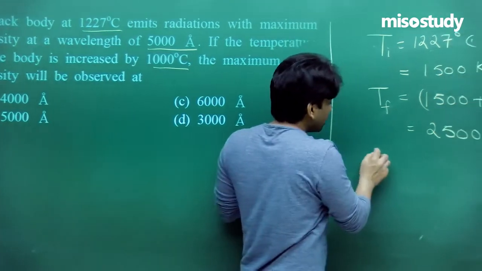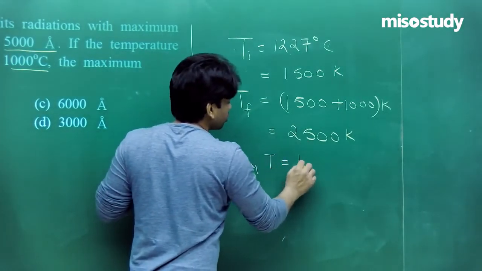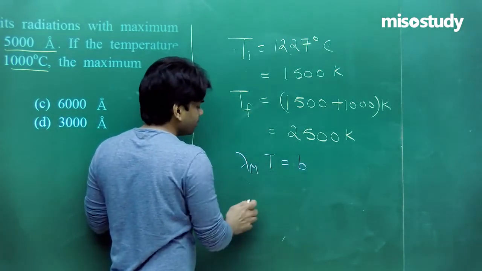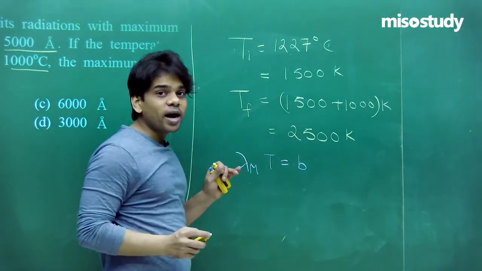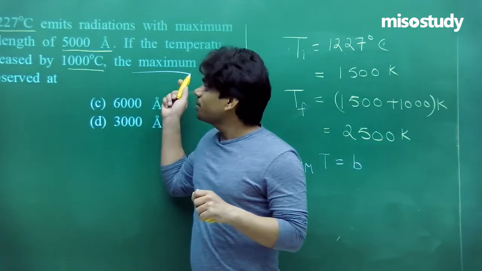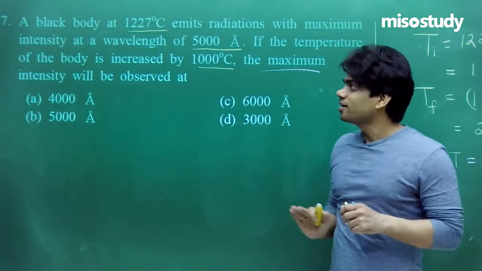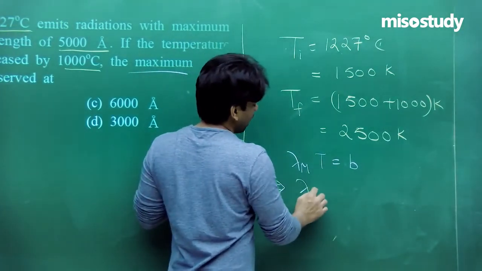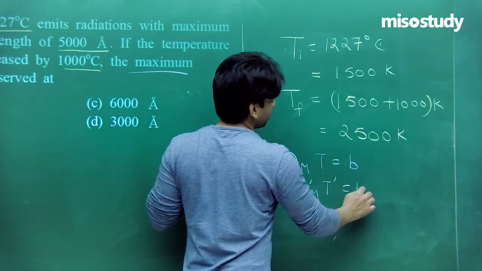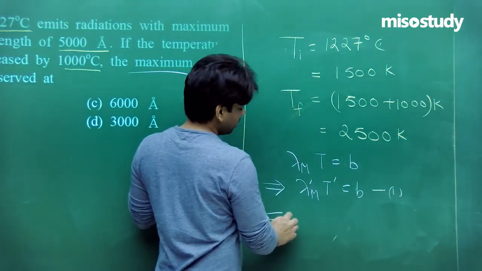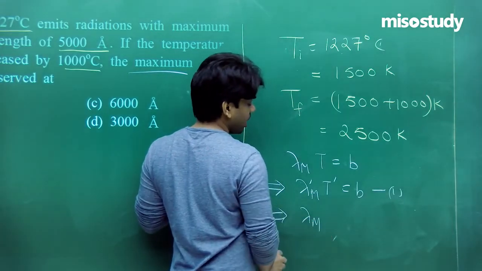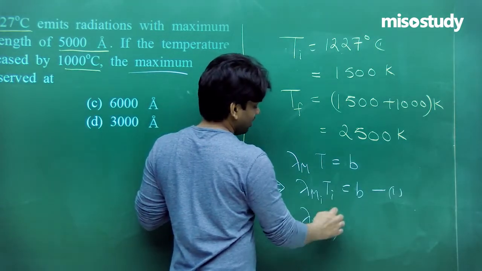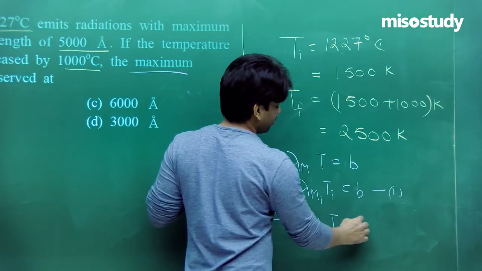If we use lambda m into T is equal to a constant, this we know from Wien's displacement law, and we have discussed it. So lambda m into T is equal to b, and now we are required to find the value of lambda. The maximum intensity will be observed at a particular lambda when the temperature is raised by 1000 degrees Celsius. So for initial, lambda m initial into temperature initial is equal to b, and finally lambda m final into T final is equal to b.